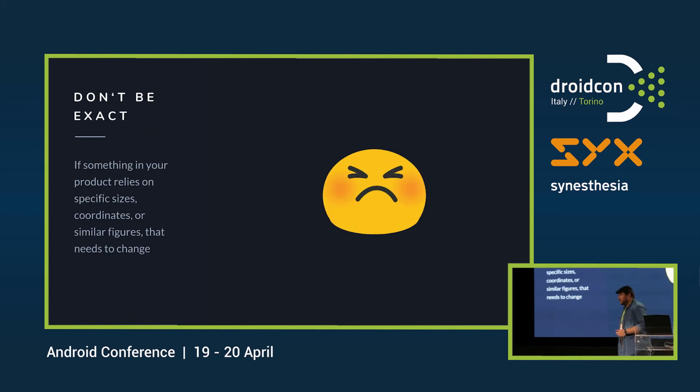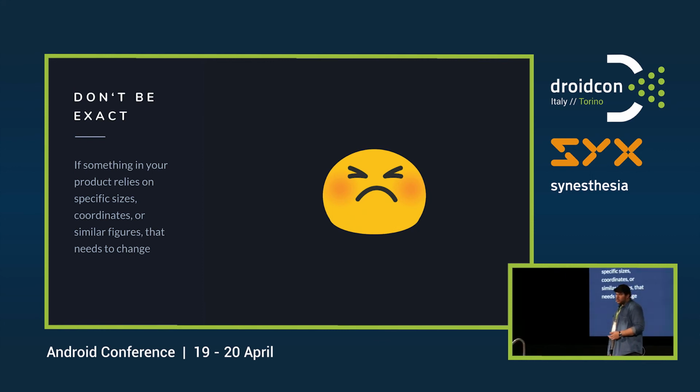Don't be exact. Again, a lot of developers are familiar with how some things are hard-coded. Translating that into design, maybe something like I spoke about the music player earlier. The play button had to work with that exact animation. It was coded into the app, the really pretty animation that most of us fell in love with.